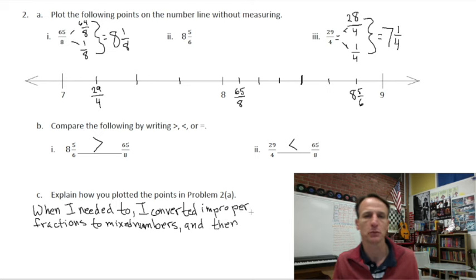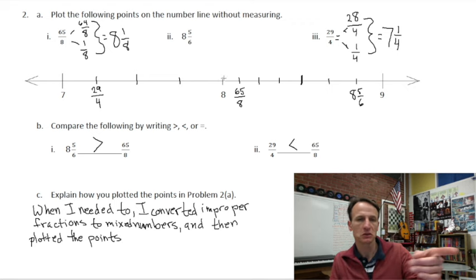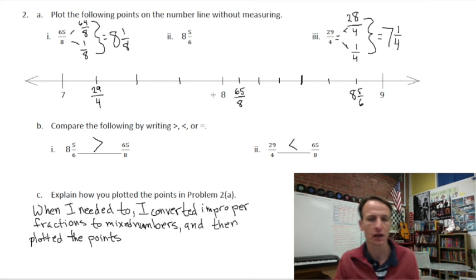How did we plot the points? Okay, and then plotted the points. Well, what we really did was we sectioned off, we partitioned, would be a good word for it. We partitioned the spaces between the whole numbers on the number line.